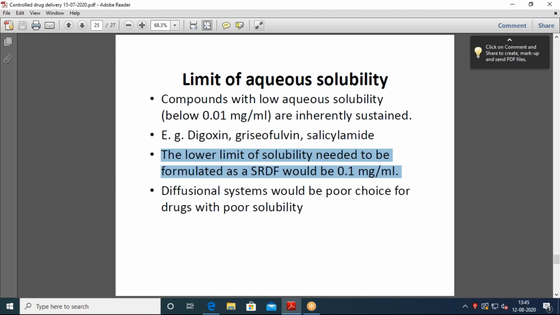1 mg, sir. 1 gram? Why 1 gram? Calculation is wrong.